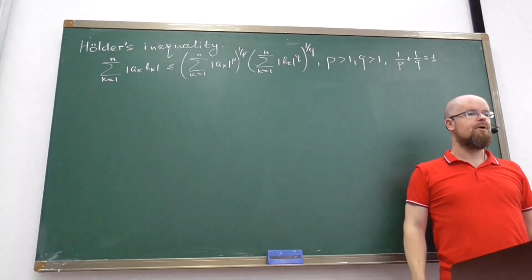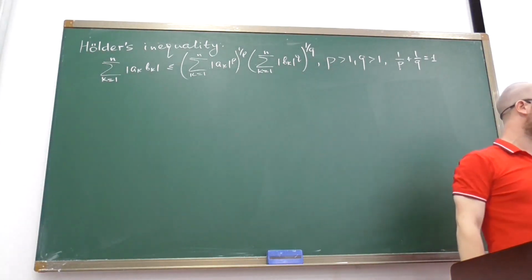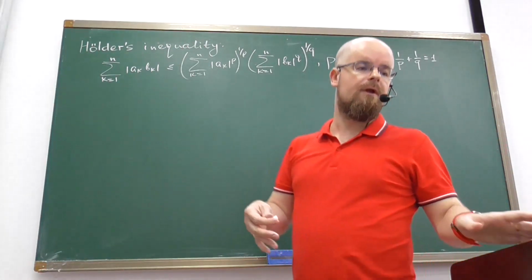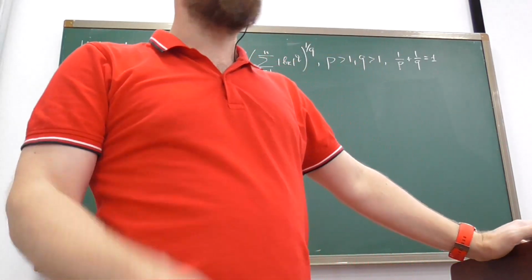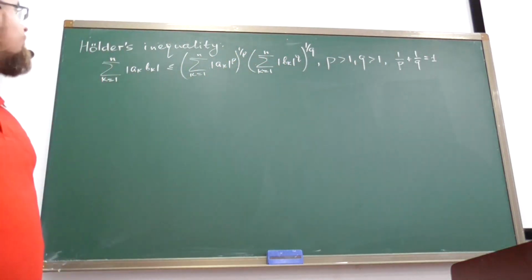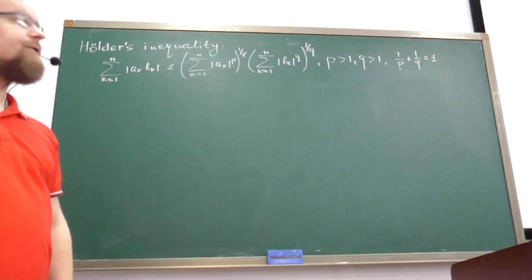But if you look at the Minkowski inequality when p equals 1, this is just the inequality between the absolute values. So it's just the usual triangle inequality. So for p equals 1, Minkowski inequality is quite straightforward. We only need to prove it in the case when p is strictly greater than 1. And for this one we will use the Hölder inequality.